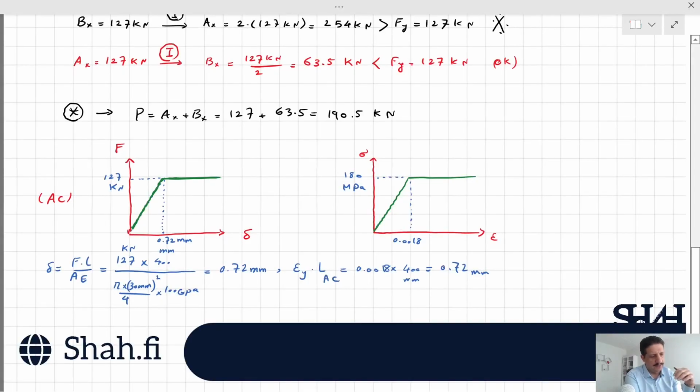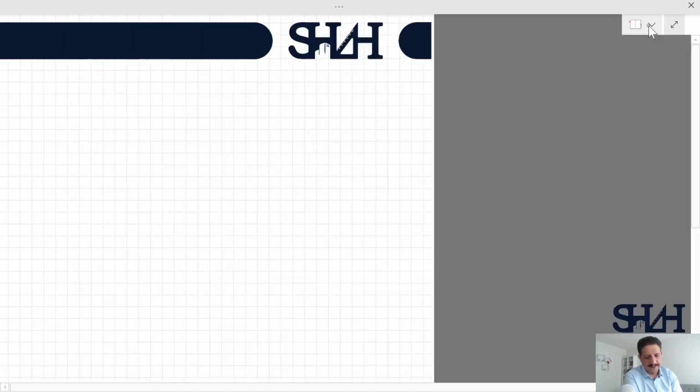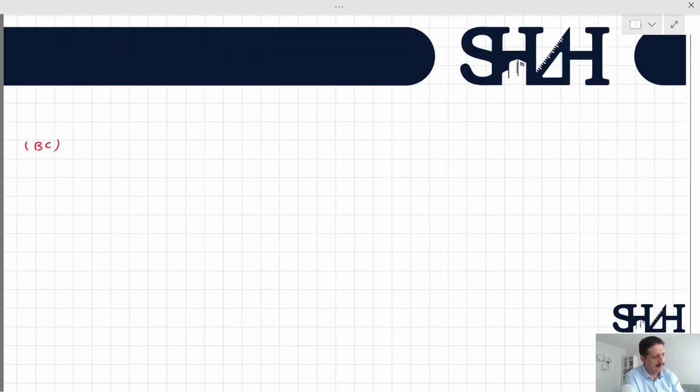Now we can check also element BC. For element BC, again, we can sketch the force and deformation and also stress and strain.